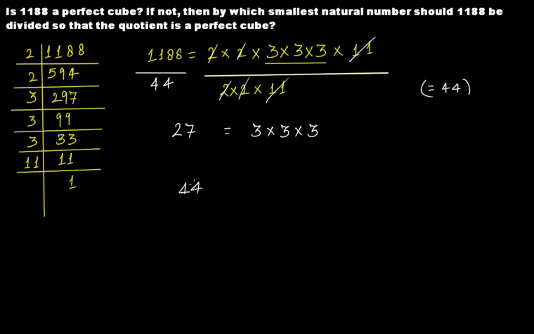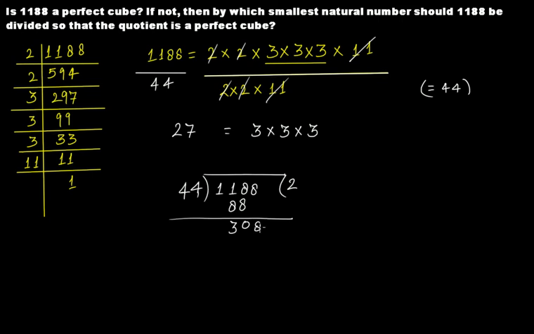But if you want to check, you can divide 1188 by 44. So you get 2, you get 88 here, and here you get 0, then you get 3.